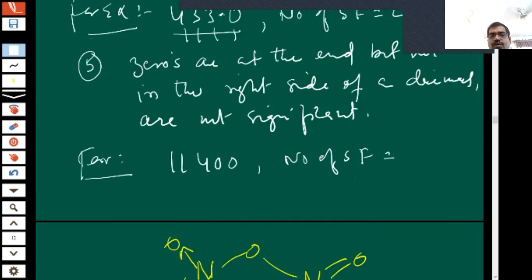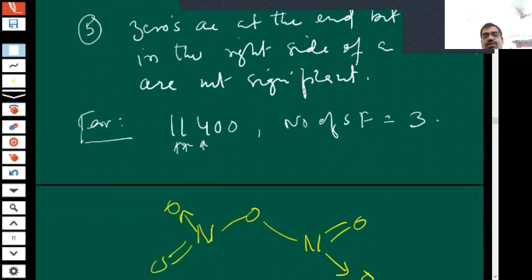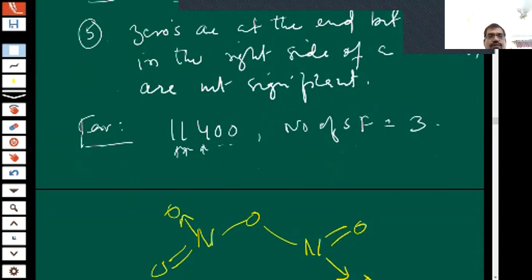So only 1, 1 and 4, these three, we will consider as significant figures according to the rules. These zeros are under doubt. There is no accuracy, so we can't say that they are significant figures.